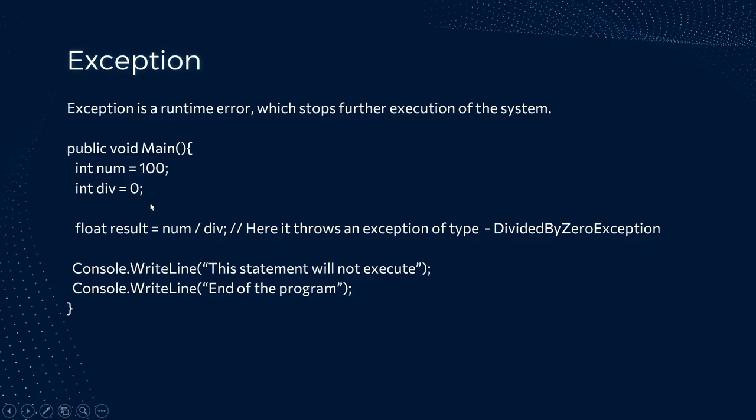Because we cannot divide any number by 0, it gives you an exception. Here it throws an exception of type DivideByZeroException. So the statement float result equal to num divided by div will not execute because of this exception. Let's quickly jump into Visual Studio and see how it works.